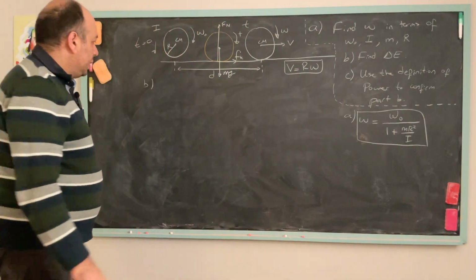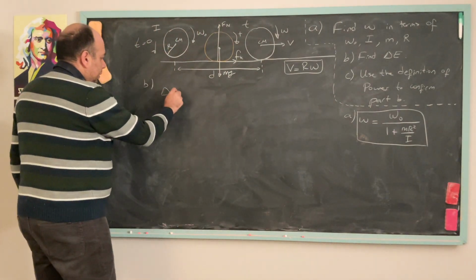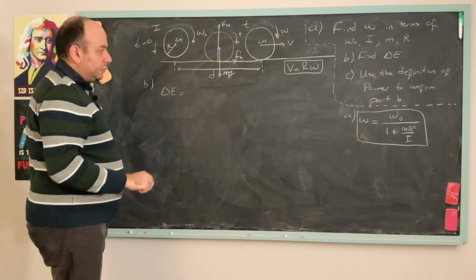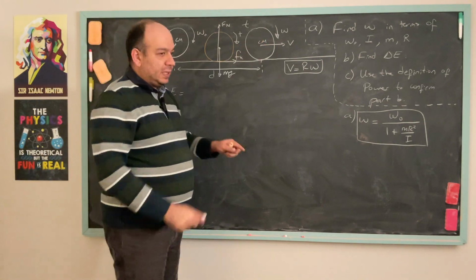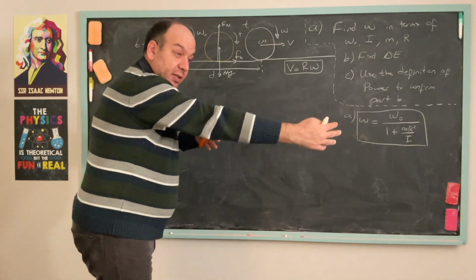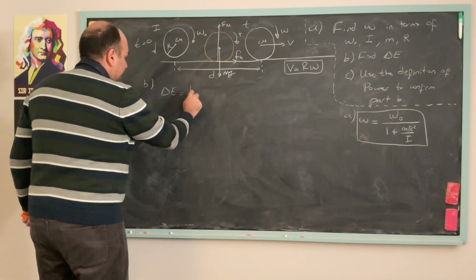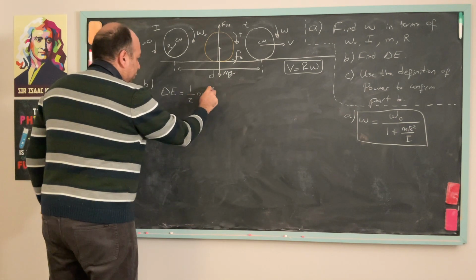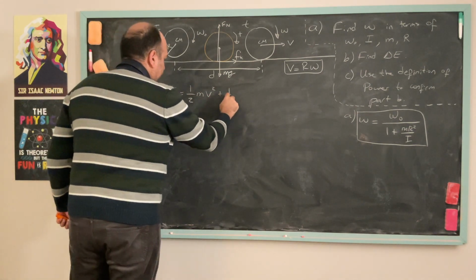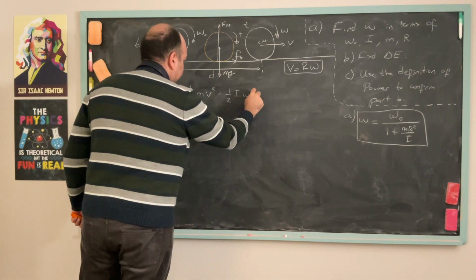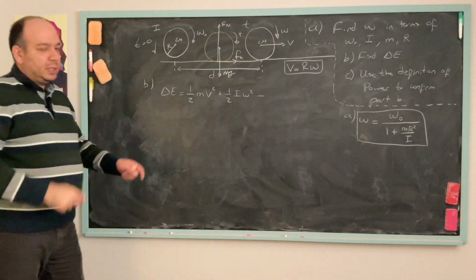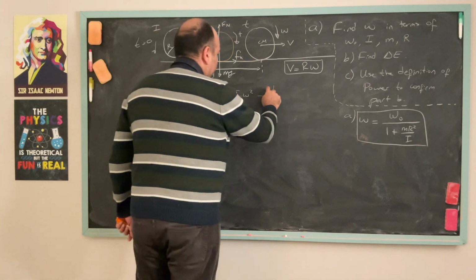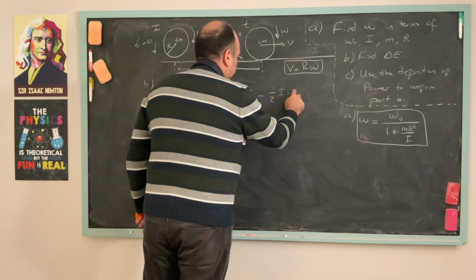So in part B, I want to find the change in the total mechanical energy of the system. In the final state, I have rotation and translation together. So I'll have 1/2 mv square plus 1/2 I omega square minus, initially I only have rotation, so it's going to be 1/2 I omega naught square.